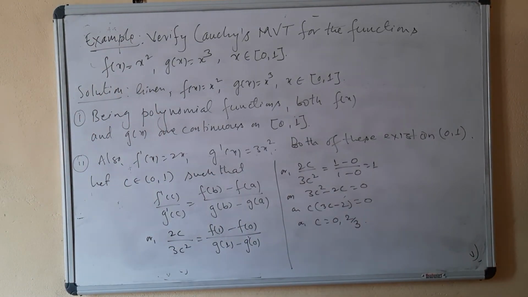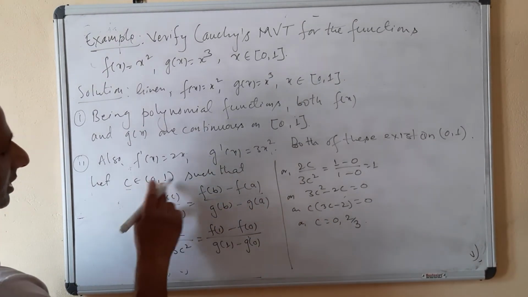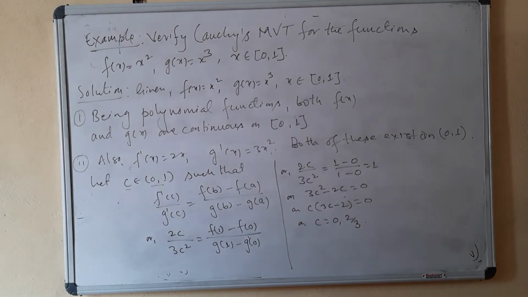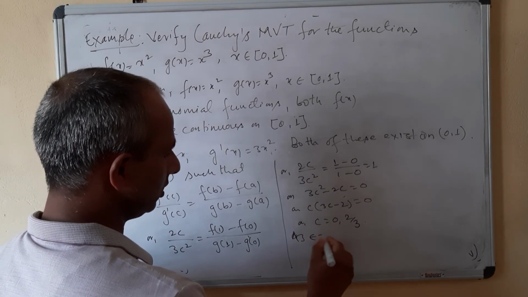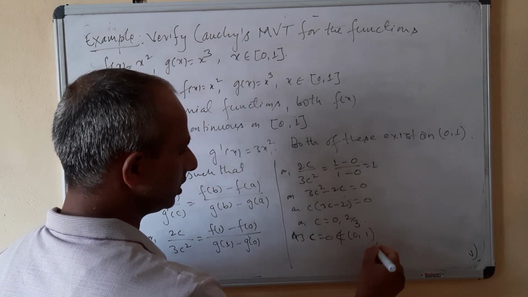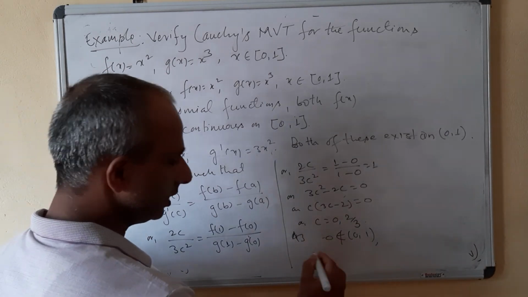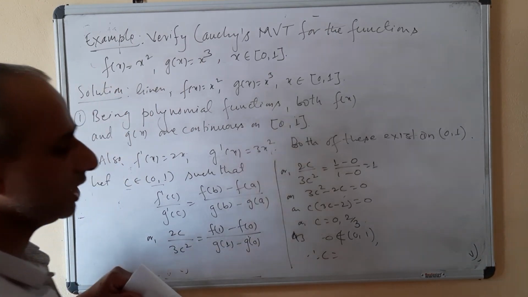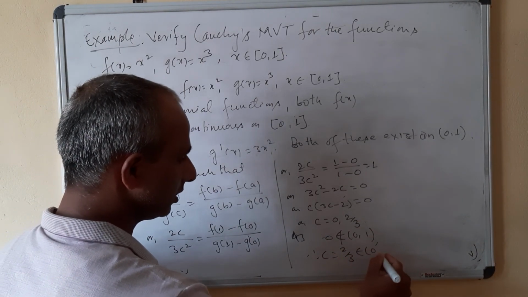But here we are searching for the value of c in 0, 1, and since 0, 1 is an open interval, 0 doesn't belong to the open interval 0, 1. That's why we will omit this one. We will be choosing 2 by 3. Therefore the actual value of c that we require here is 2 by 3, which is contained in 0, 1.